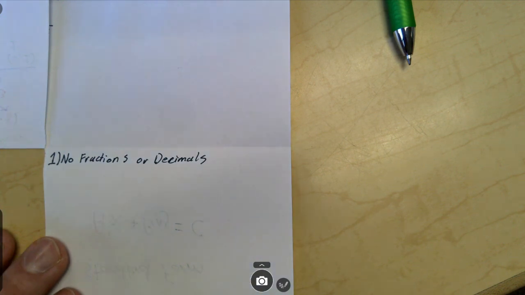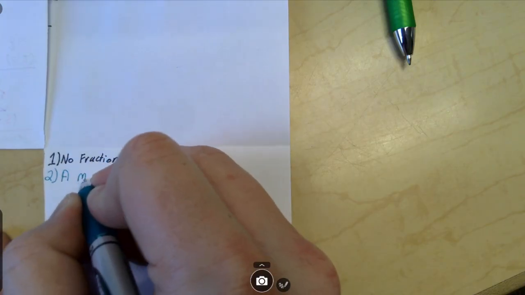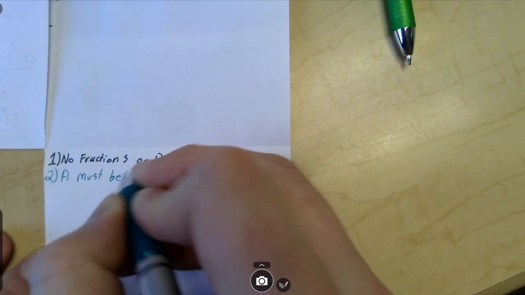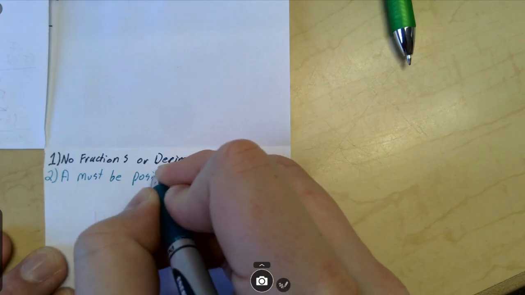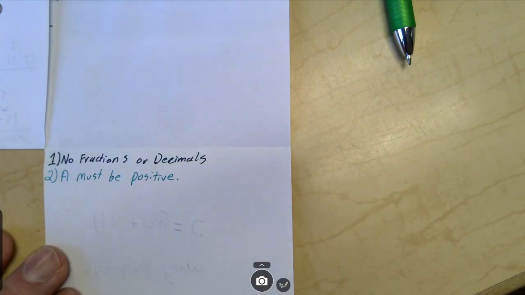Part 2 is standard form: A must be positive. Now, those are the rules for writing standard form.